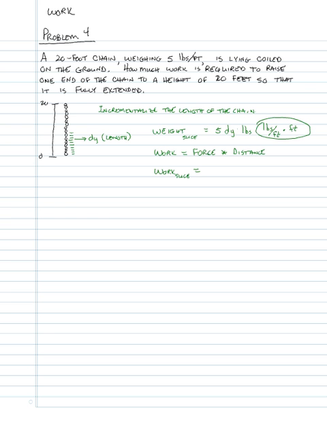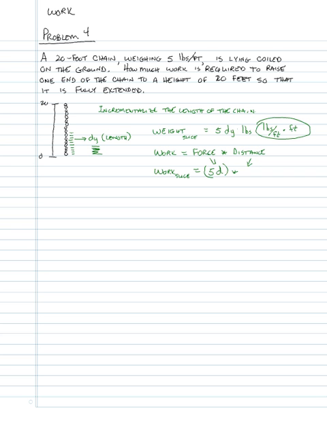Well, the force required is its weight. And so that's the 5 dy. That's the force. Okay. Now the distance we need to think about a bit. So let's let this dy that we've got here represent the length of the chain, the infinitely small length of the chain that's being lifted, and it gets lifted to that position.